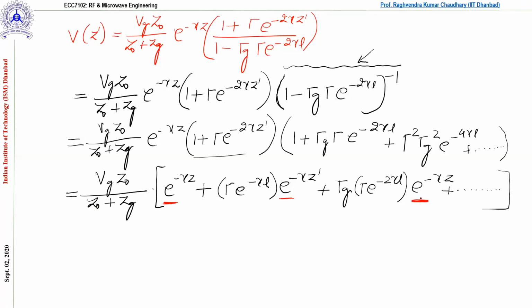So it gives me an insight of the transmission line: if we are launching a wave, and the wave gets the mismatch at the load side, it will come back towards the source side. And because we have taken a situation here that z naught is not equal to zz, again it will experience what? The mismatch, and again go in the forward direction. So that is what actually I want to convey.